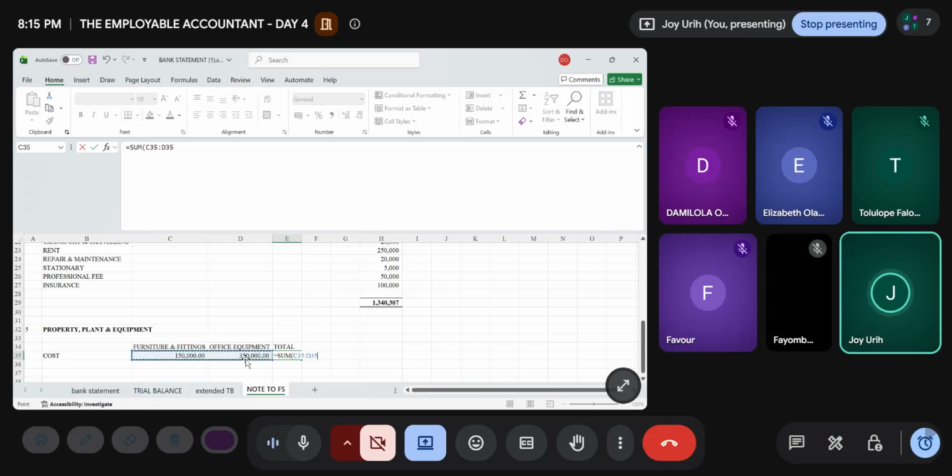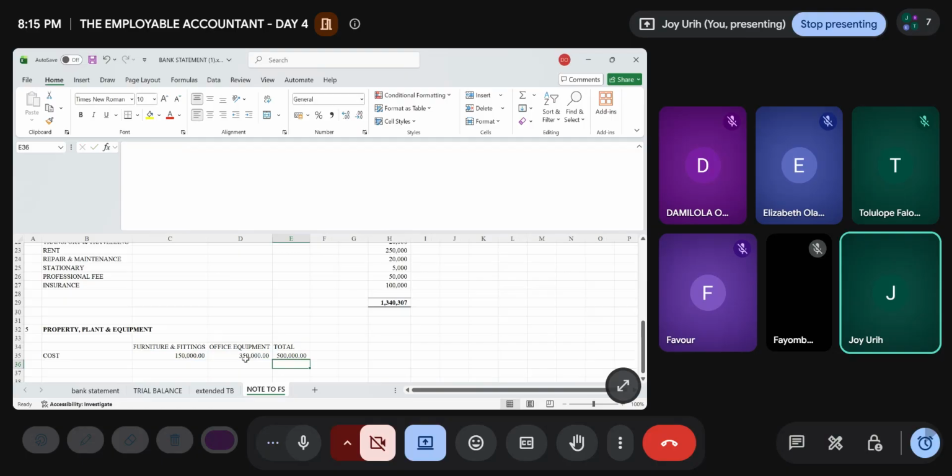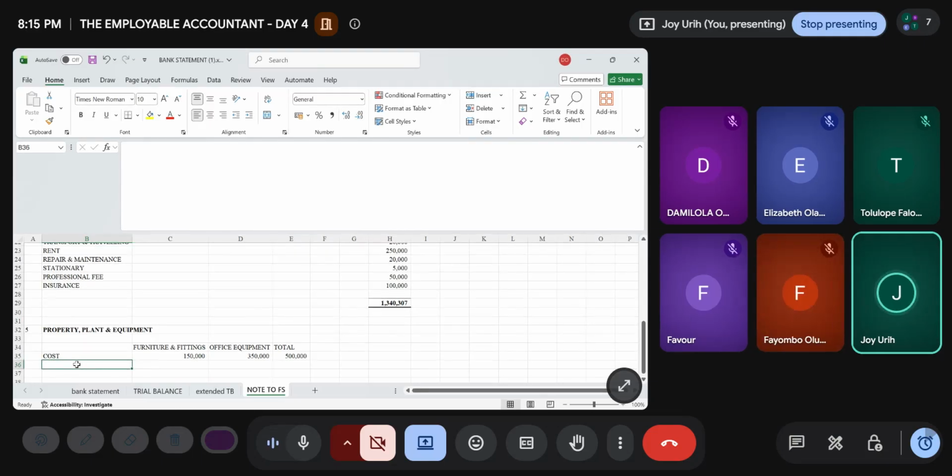So this is what we call the PPE schedule. The next items we normally have, there are very different things that can come. Under cost, you have addition, you have revaluation, you have disposal. Cost is a category on its own.